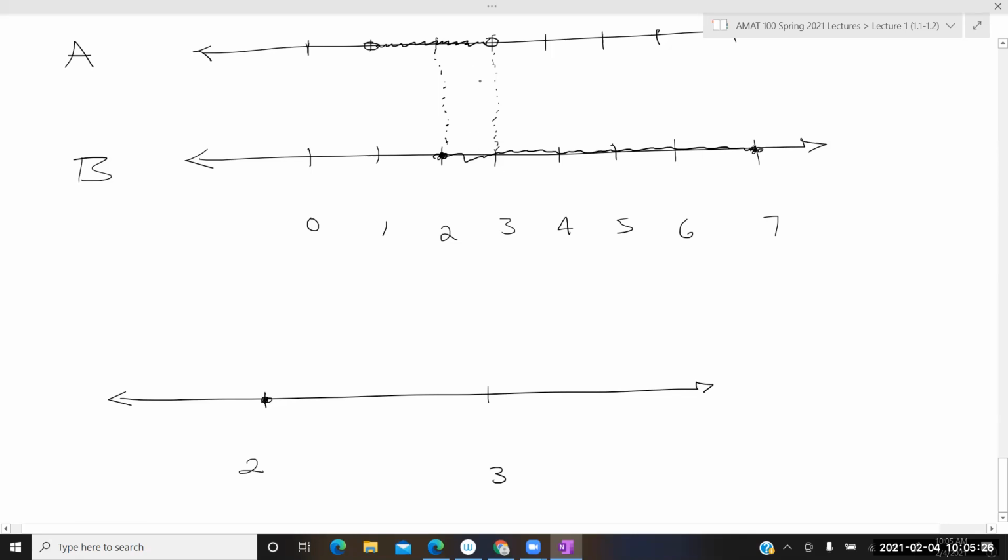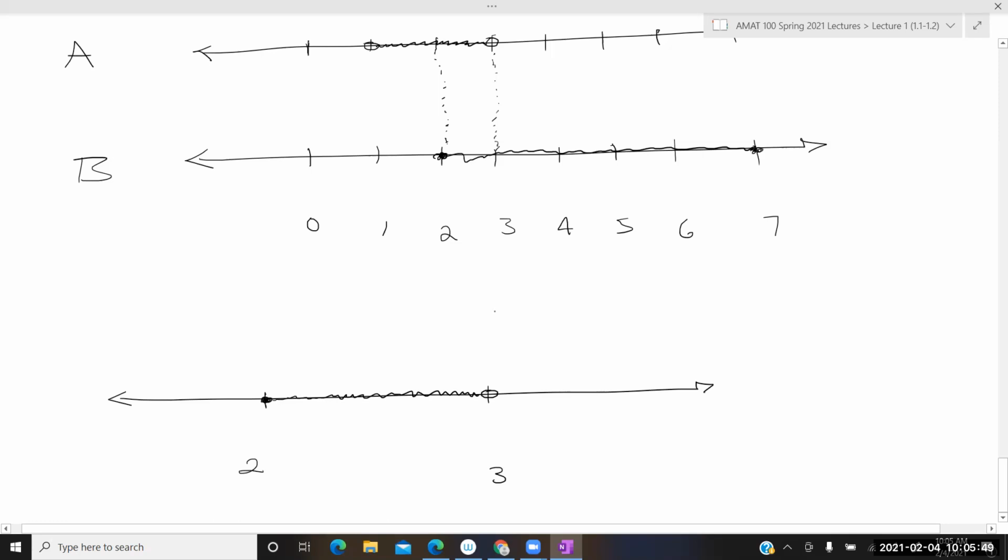But what about 3? Well, 3 is definitely in B because it's between 2 and 7. But 3 is not an element of A. It's an excluded endpoint, so we're not going to include it. So the intersection will be from 2, including 2, up to 3, but not including it.